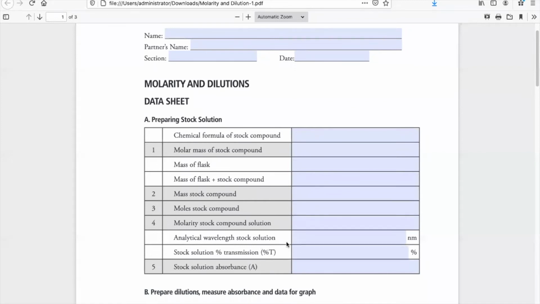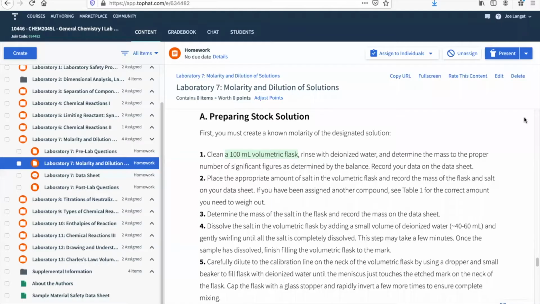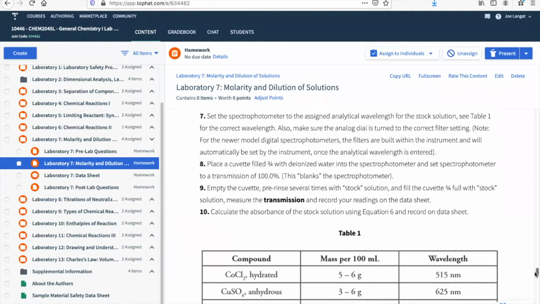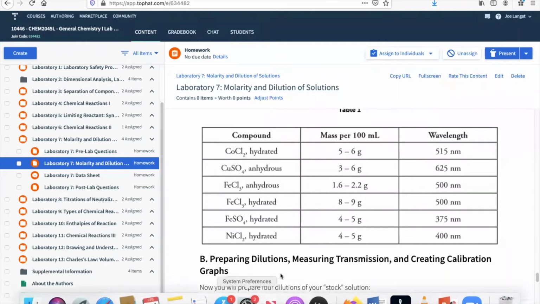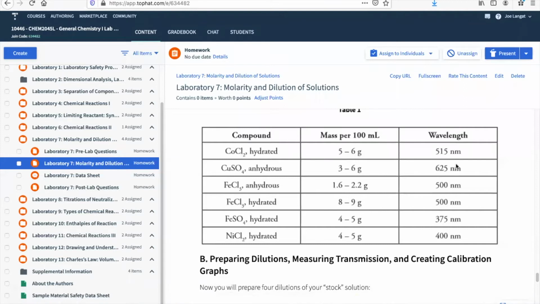Where is the analytical wavelength? It comes from the data sheet here. We are using copper sulfate. This is the compound we are using to prepare the stock solution, and we have the analytical wavelength. That is what we'll be analyzing.